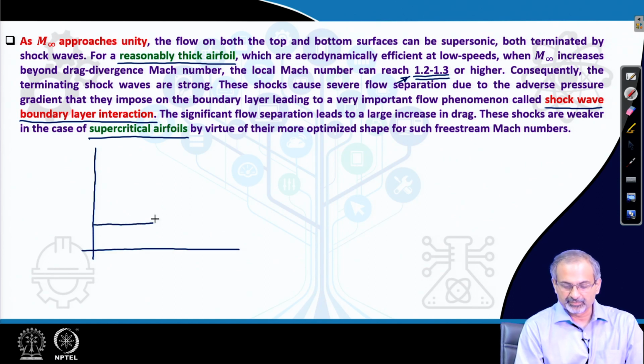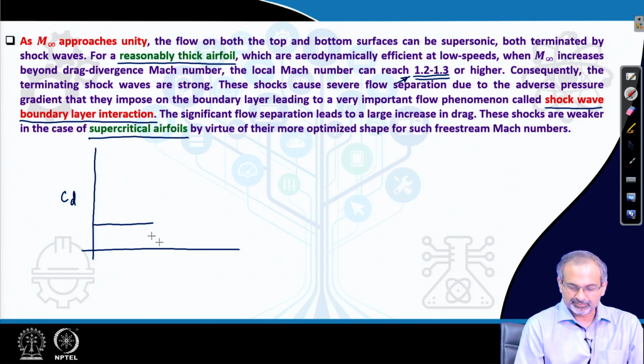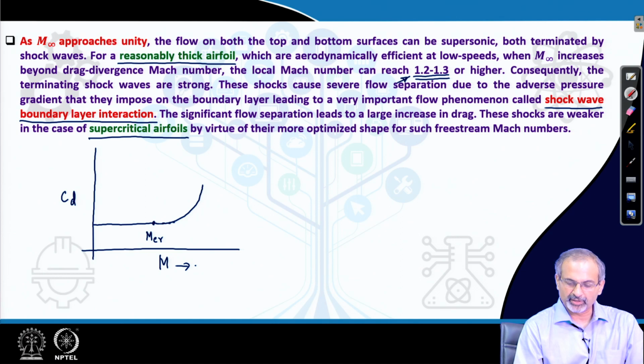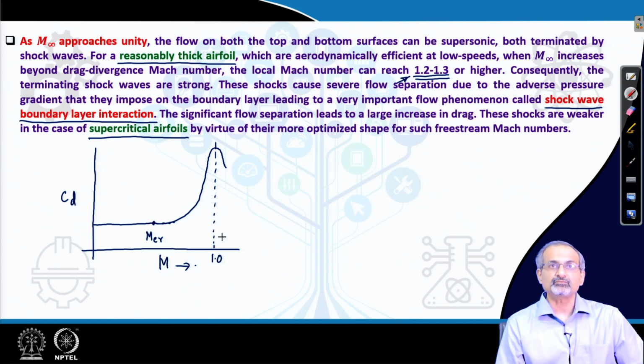So, let us say we plot the drag along the y axis and the Mach number along the x axis. The drag is more or less constant up to the critical Mach number and slightly beyond, and then it starts growing, and growing quite rapidly, very sharply, and then it reaches a kind of pinnacle before it starts dropping, and that's going to happen at a free stream Mach number of about 1.